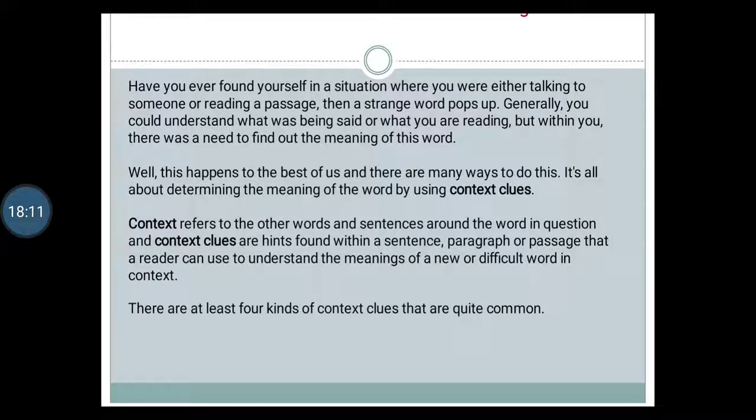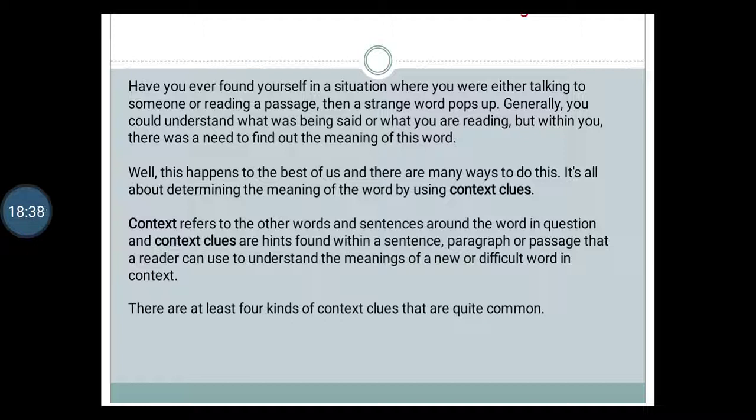But you might be able to get what the word means in your mind based on the context in which this word is being used or was used. But then there's a way. English language is telling us that there's a way you can get the meaning of this word, and that is by using what we call context clues. What are context clues? We'll get to that shortly.